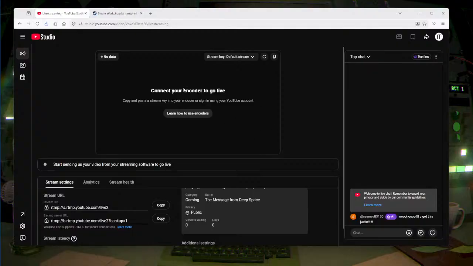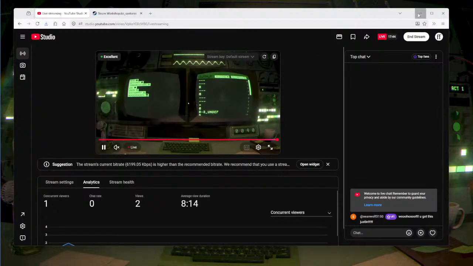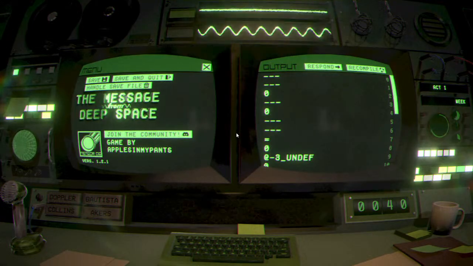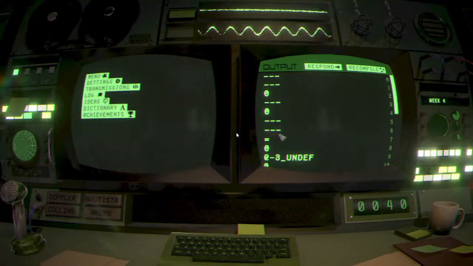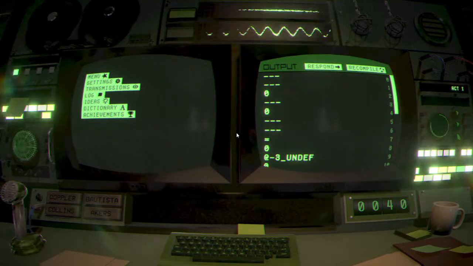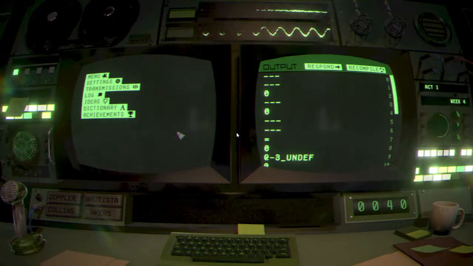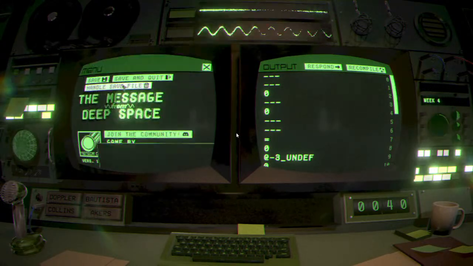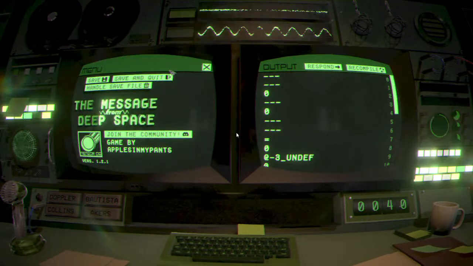Has my mouse been doing that the whole time? I'm actually gonna restart the game because that's gonna bother me.